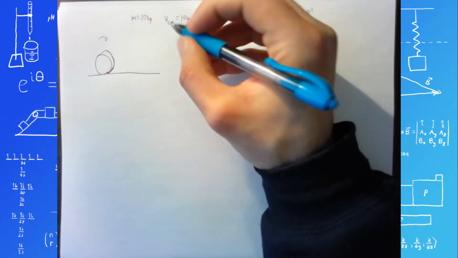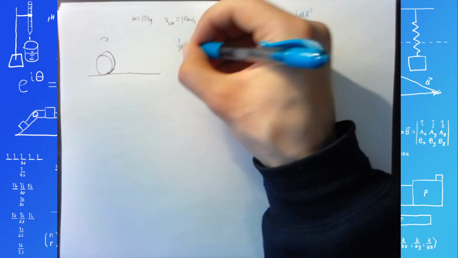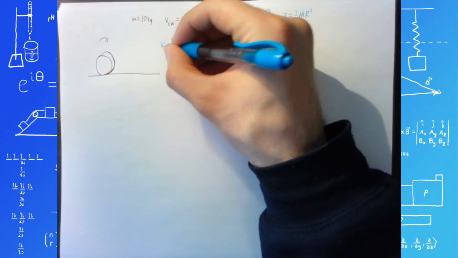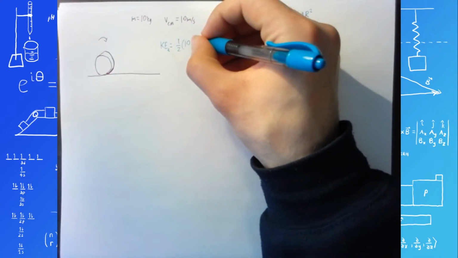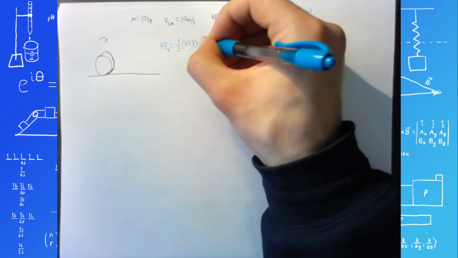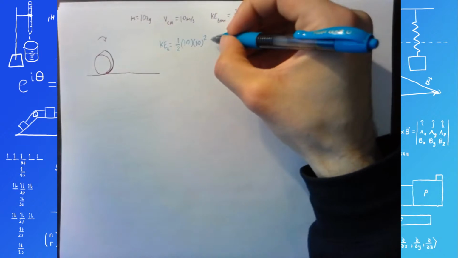So let's see, kinetic energy translational is 1/2 times 10 times the velocity, 10, squared. So 1/2 of 1,000 is going to be 500 joules.